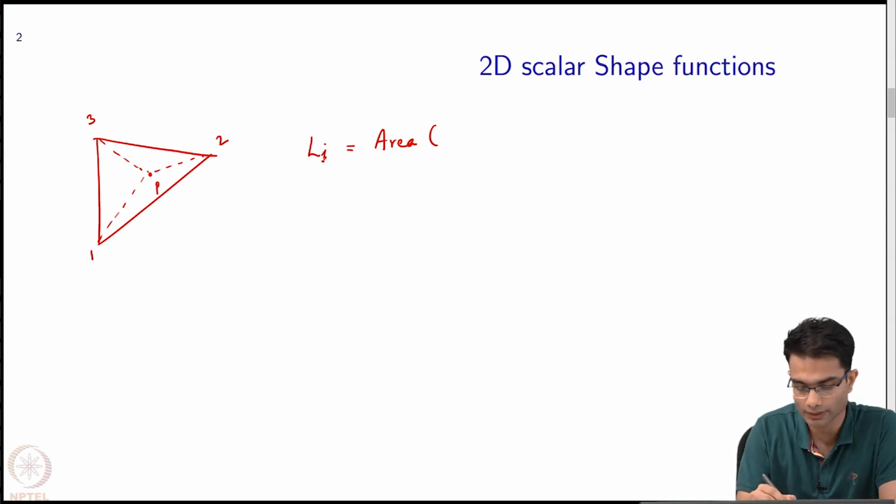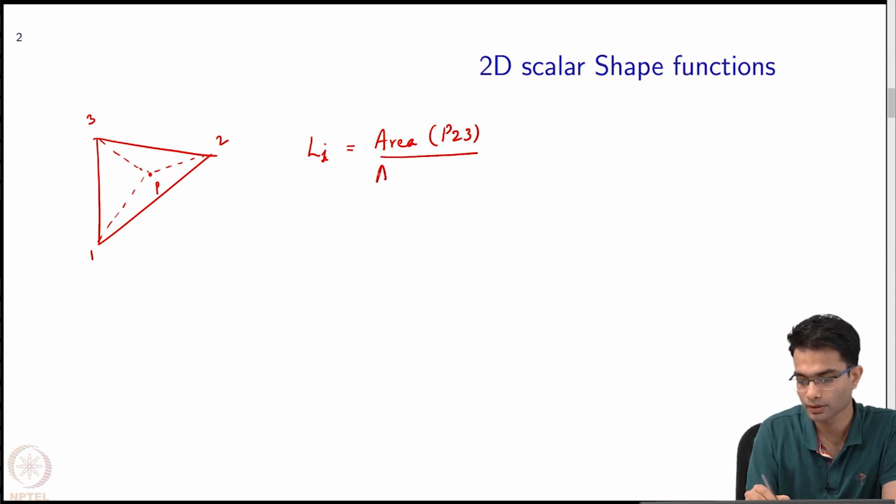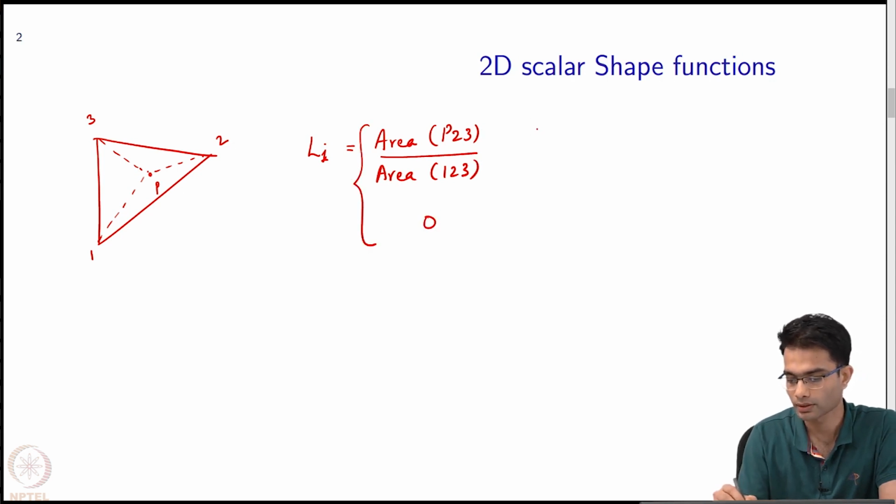Let us call it L1. L1 was area of P23 divided by area of 1, 2, 3, where P belongs to the triangle.